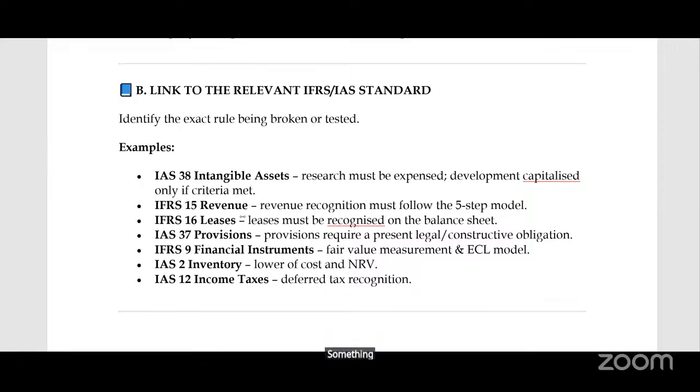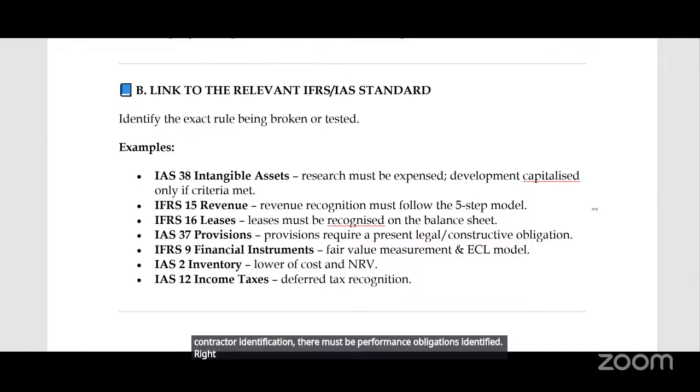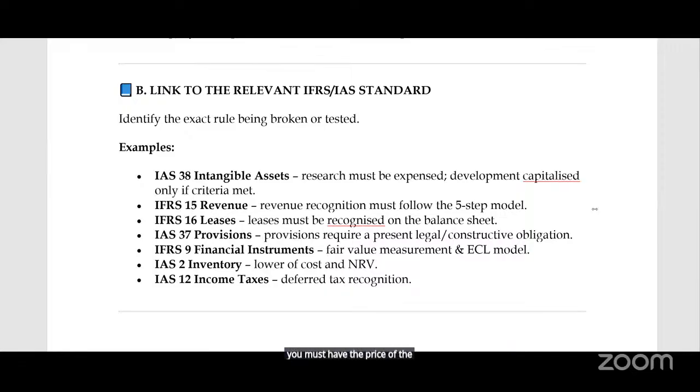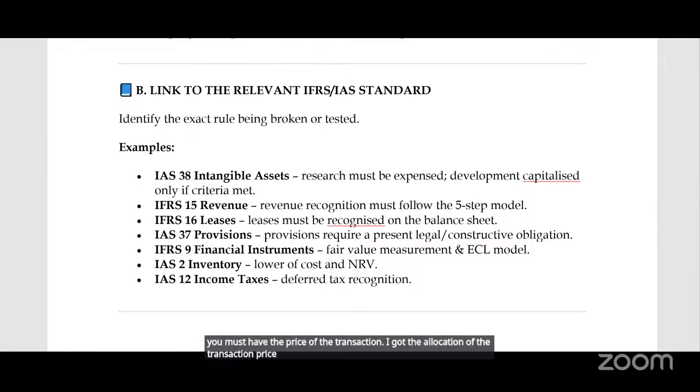Something like IFRS 15, revenue recognition must follow the 5-step model. Contract identification, there must be performance obligations identified, right? You must have the price of the transaction. Are you getting it? Allocation of the transaction price, the recognition of the revenue.